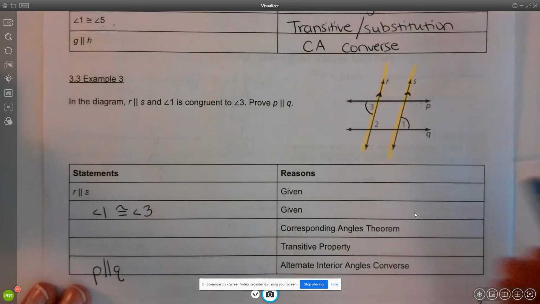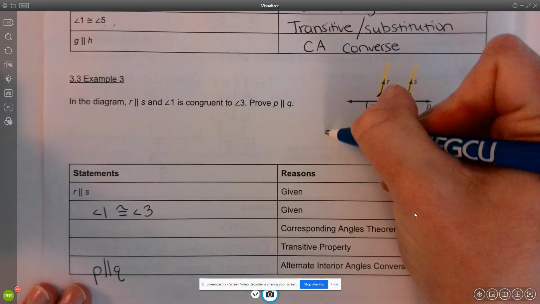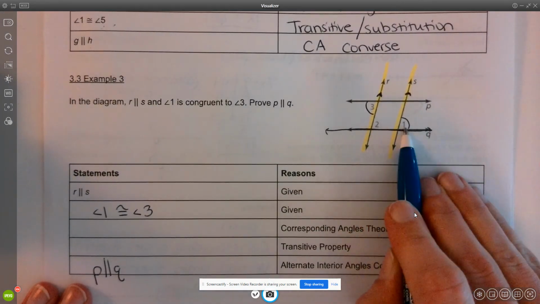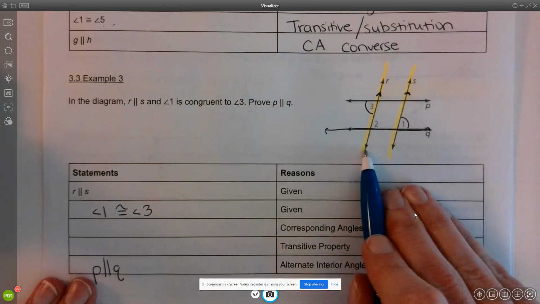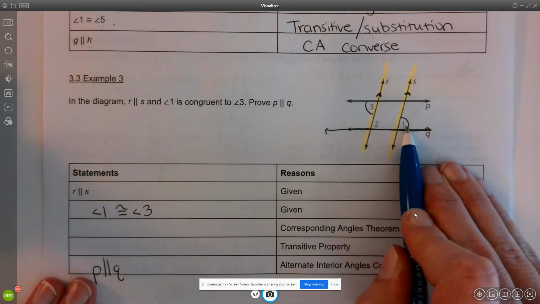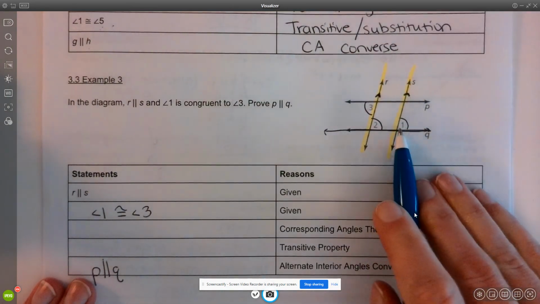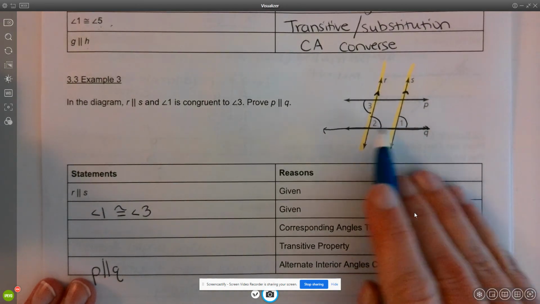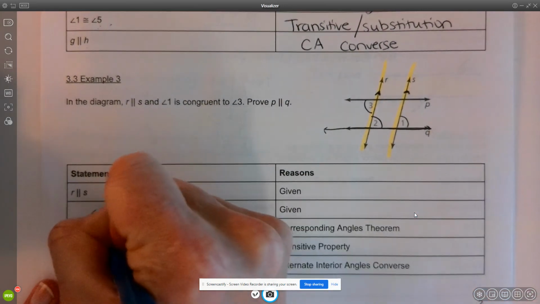And if I look, I notice that this transversal that cuts through line Q makes 2 and 1 corresponding angles. And we know that if the lines are parallel, then corresponding angles must be congruent. And so we are able to use the corresponding angles theorem to say that angle 1 must also be congruent to angle 2.